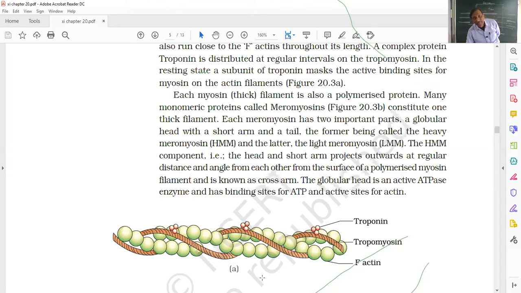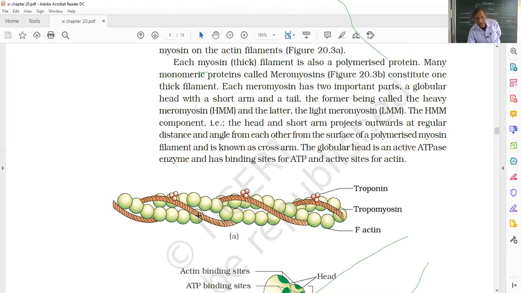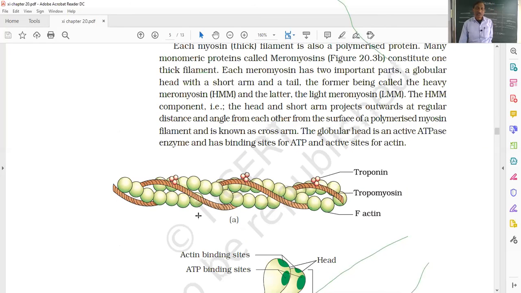So each myosin filament is also a polymerized protein. Many monomeric proteins called meromyosin constitute one thick filament. You can see here they are made up of meromyosin. The two important parts are the globular head and a short arm.